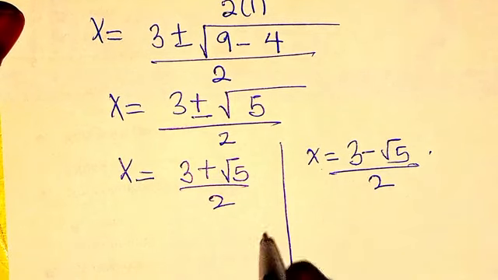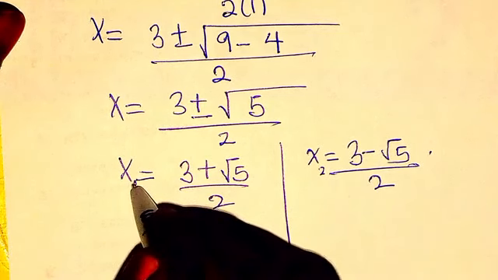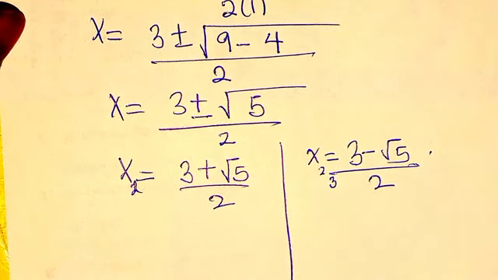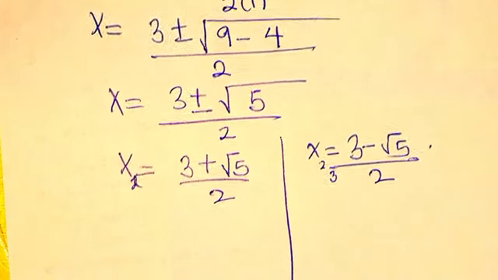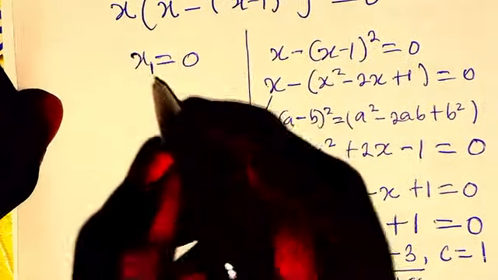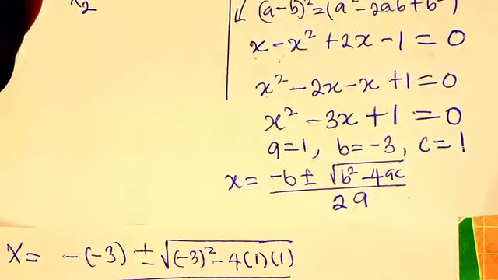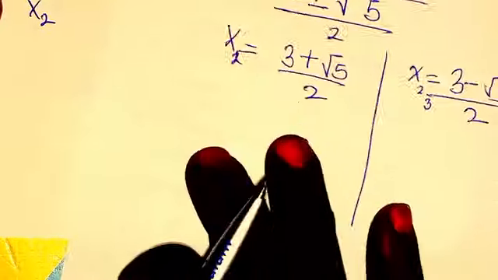So therefore we have x1 here, x2 here, x3. According to what we have here, x1 equals 0.